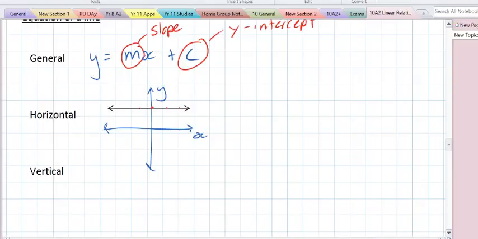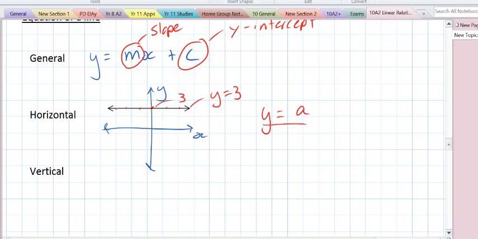It is at the same height. So if this here was 3, the equation of this line would be y is equal to 3. So a horizontal line equation is simply y is equal to any constant, a, but x isn't involved at all. That returns a horizontal line.